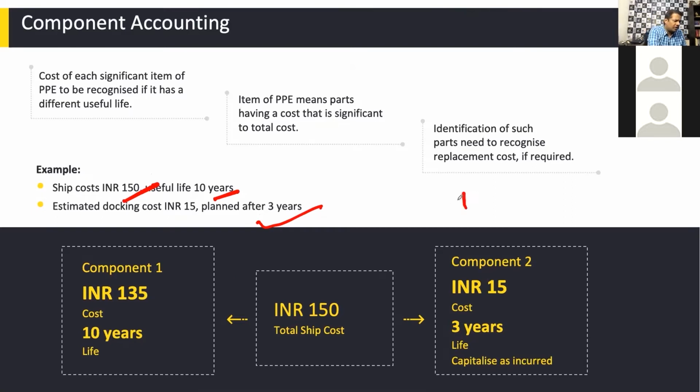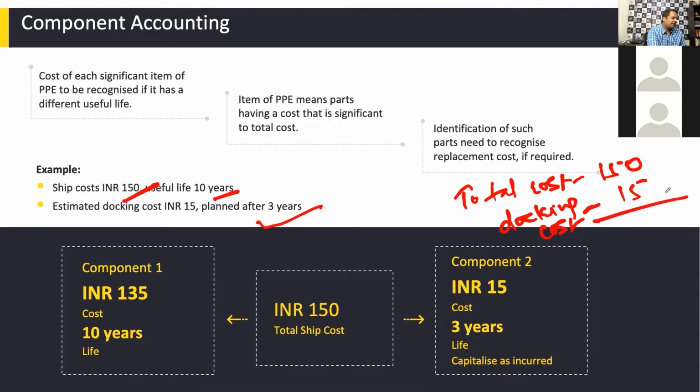The total cost which I have incurred here is 150, and the docking cost is 15. What does this mean? The cost of component 1 is 135 and its life is 10 years, while component 2, which is the docking cost, is 15 and the life of the docking is 3 years. That's what we're trying to say.